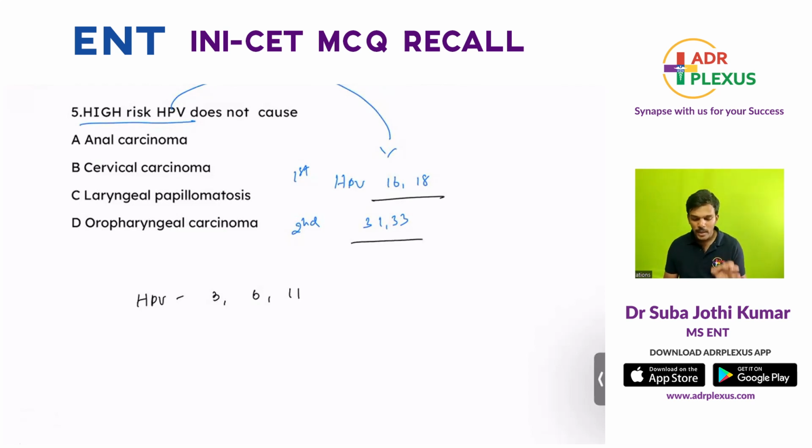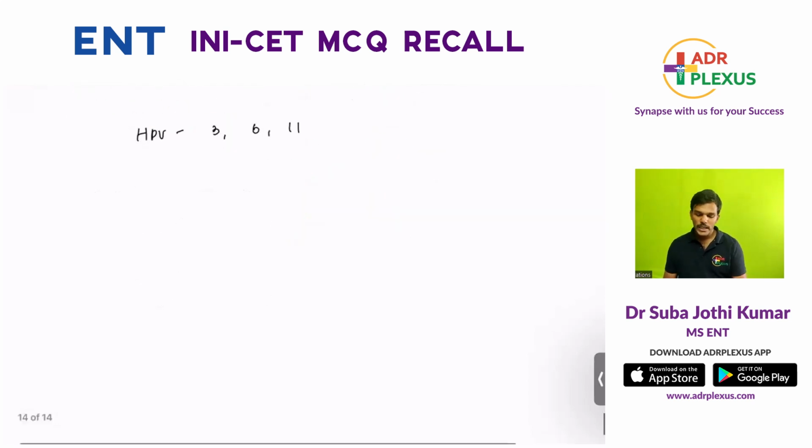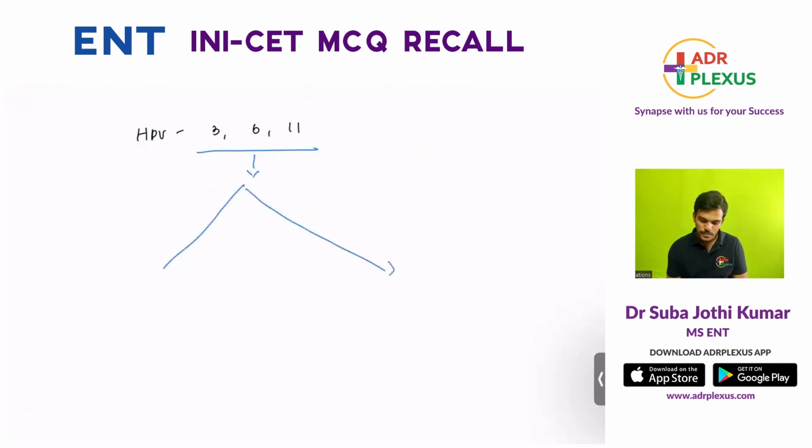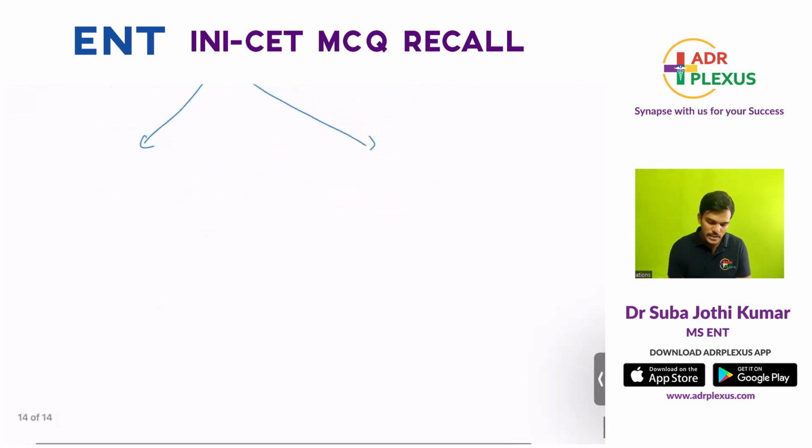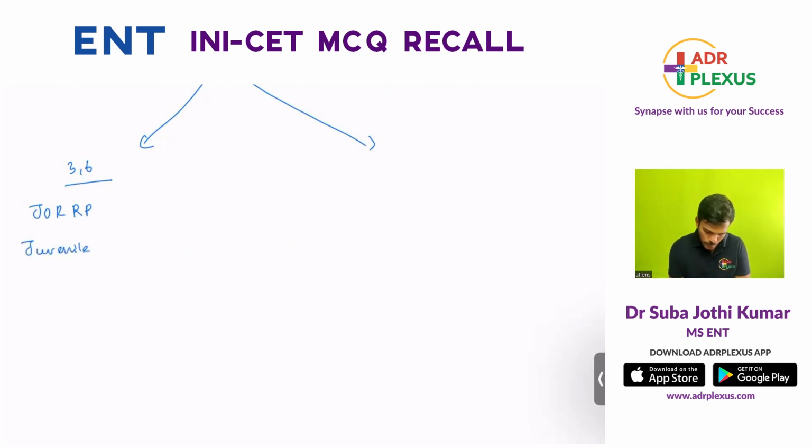Whereas laryngeal papillomatosis, which is supposed to be a benign mass. Okay. So HPV 3, 6, 11 can cause laryngeal papillomatosis, which can be classified into 2. Only 3 and 6 can cause JORRP, Juvenile onset recurrent respiratory papillomatosis.